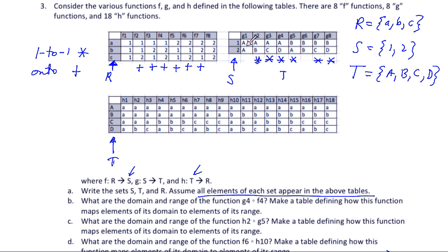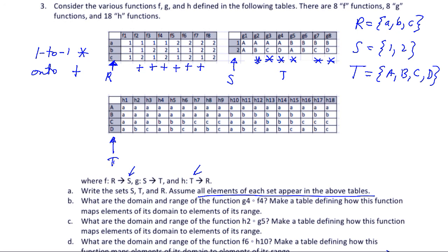No. By the pigeonhole principle, we can't. There's only 2 places, so we can't have all 4 of them. I don't know if that's the pigeonhole principle, but we can't have all 4 of A, B, C, D in only 2 spots.